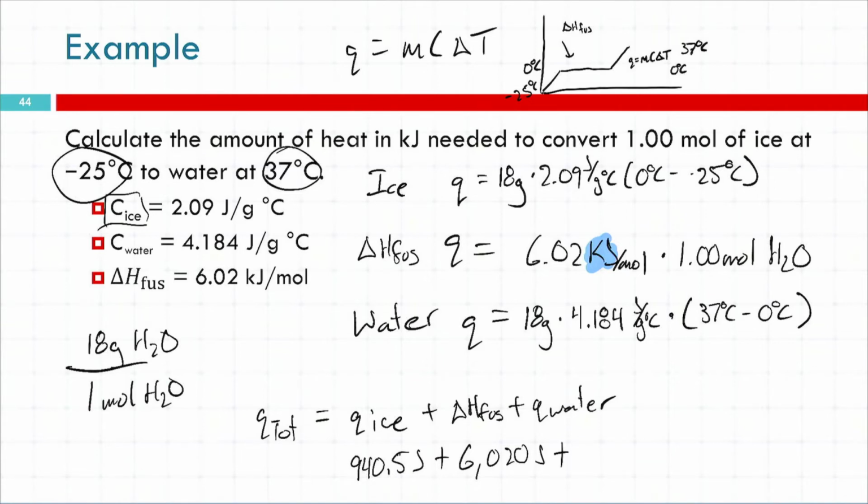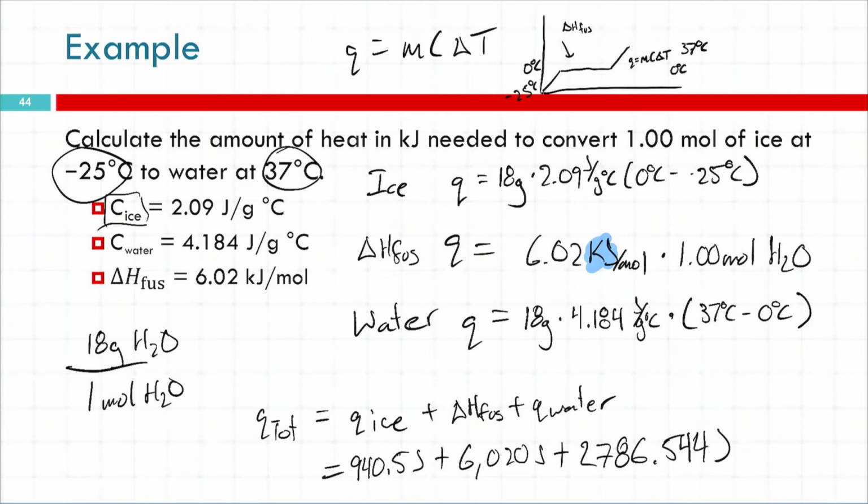And then for water, it's 18 times 4.184, that's this part here, and then times 37 minus 0, so it's just 37. We're going to get 2,786.544 joules.